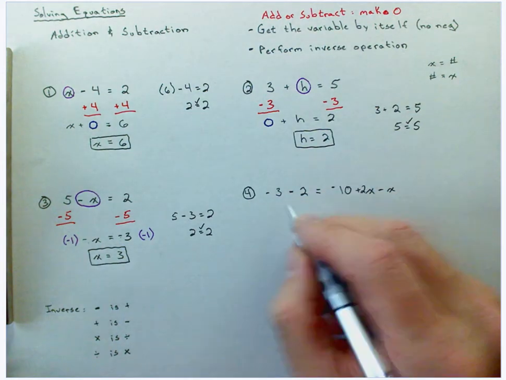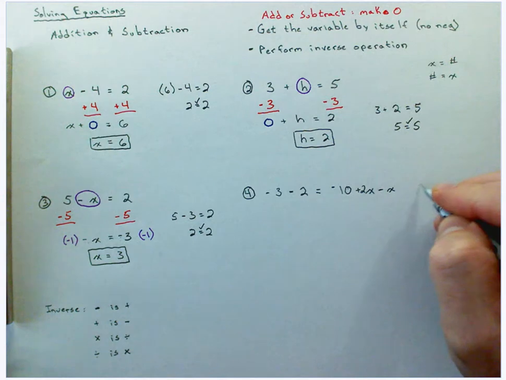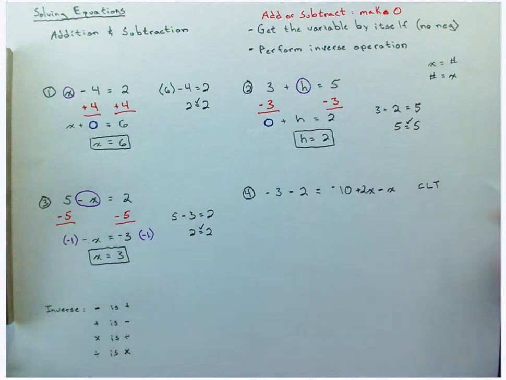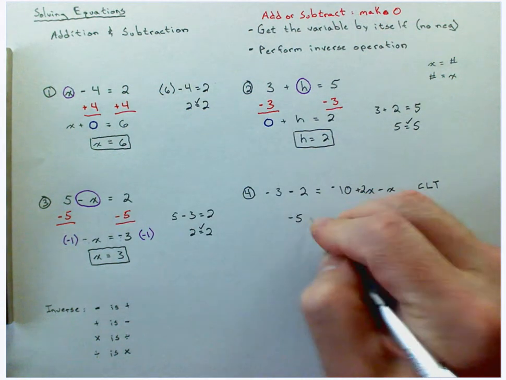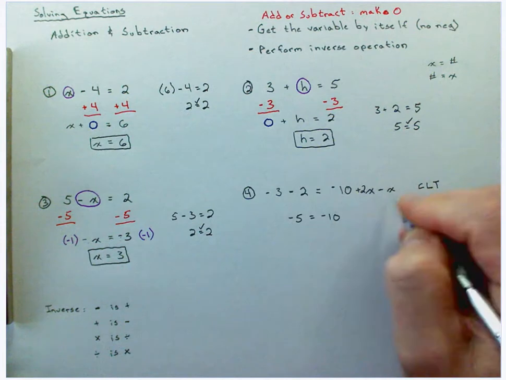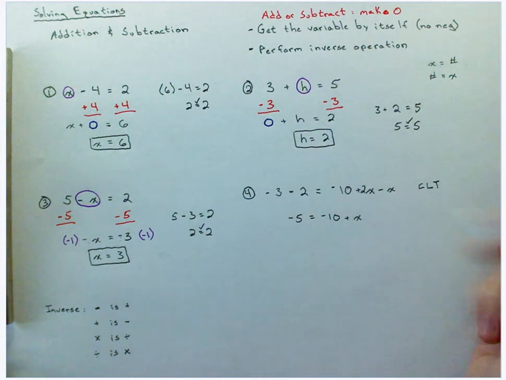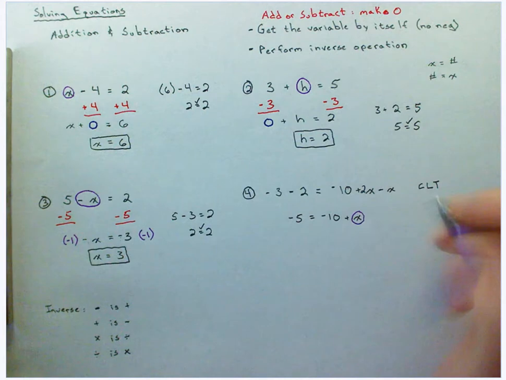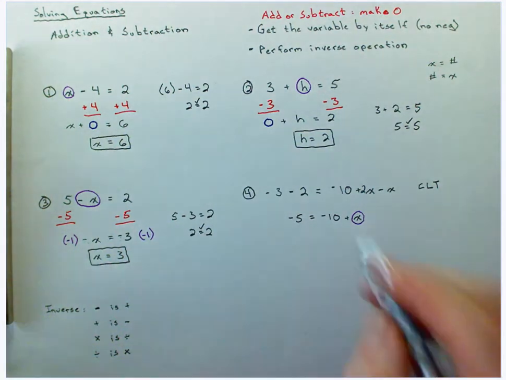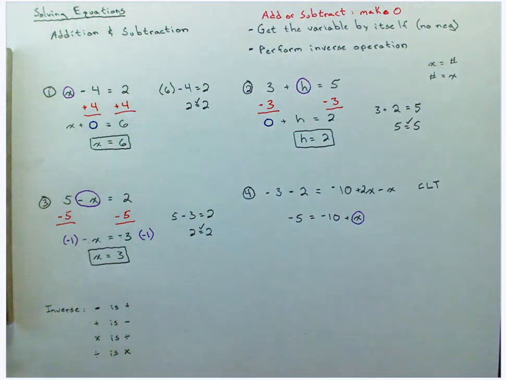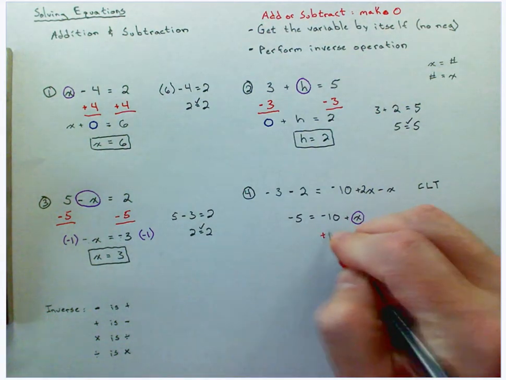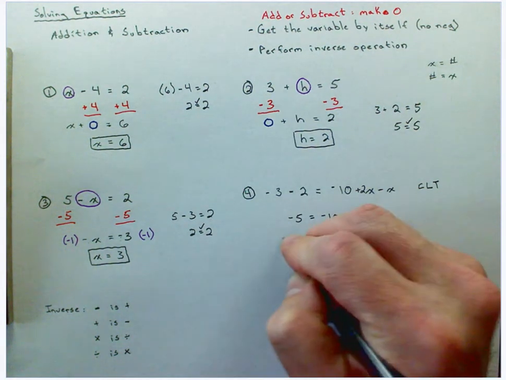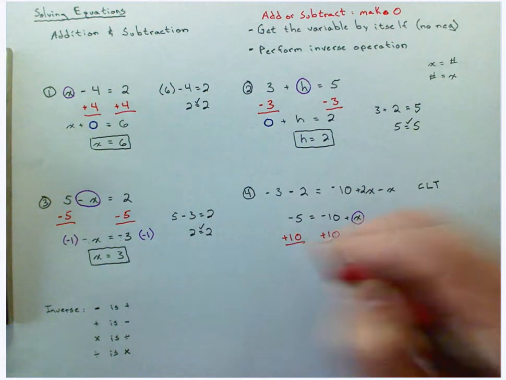And now for our other one, what we have to do here is combine like terms. We need to combine like terms before we can solve. This becomes a negative 5. It's a negative 10. And that's plus x. I need to get my variable by itself, and what is with it is a negative 10. So what do I do? I add 10. If I do it to one side, I have to do it to the other.